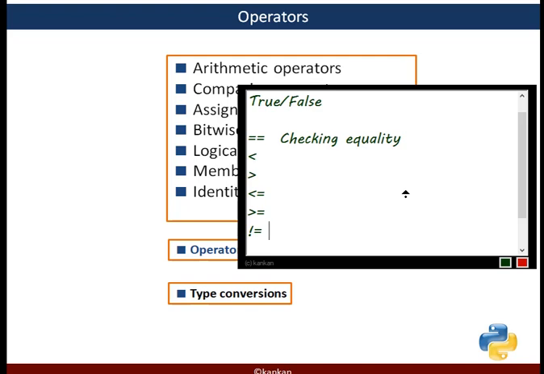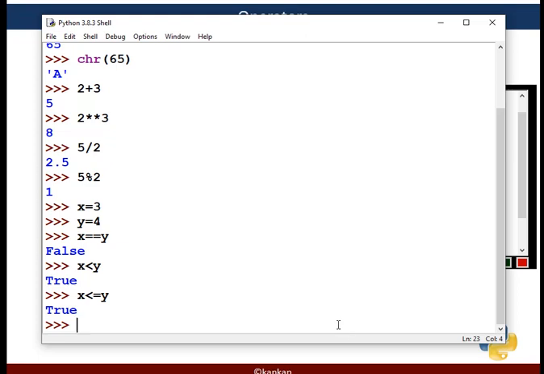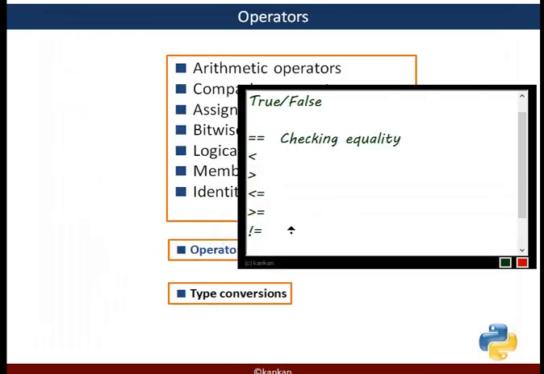It returns true if the left hand side operand is not equal to the right hand side operand. That means if x not equals y, it is true. x equals 3, y equals 4, so this expression is true. x not equals y. Okay, so this is not equals to. And another one is not, which also returns true if the left hand side operand is not equal to the right hand side operand, but in some cases it can be used differently. I will discuss it later.